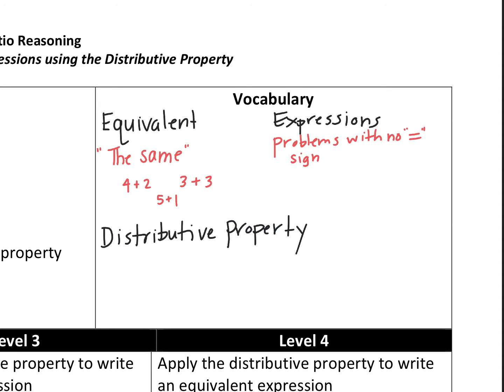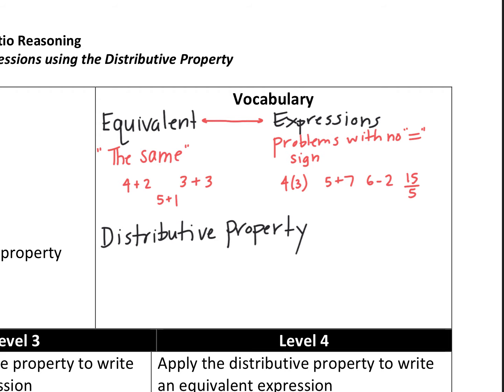I could give you a whole bunch of examples: 4 times 3, 5 plus 7, 6 minus 2, 15 divided by 5. We could go on forever with these, but these are just problems with no equal sign. So when we create equivalent expressions, we're creating new problems, but they're going to have the same answer.